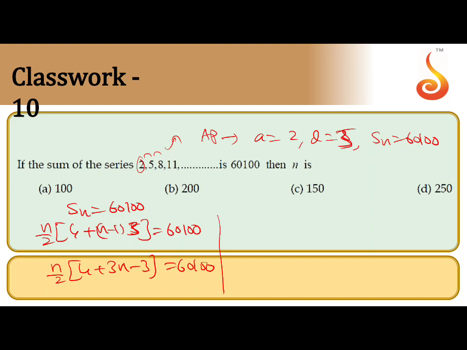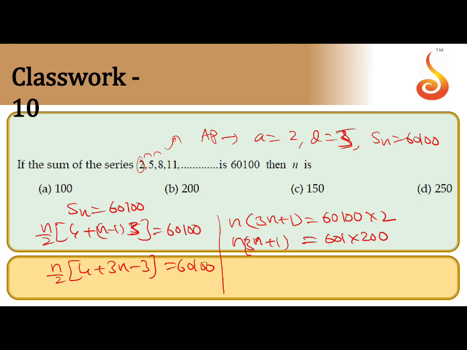You will take 2 to that side. n into 3n plus 1 equals 60100 into 2. I will write this as 601 into 200. So n into 3n plus 1 as I took is 601 into 200.